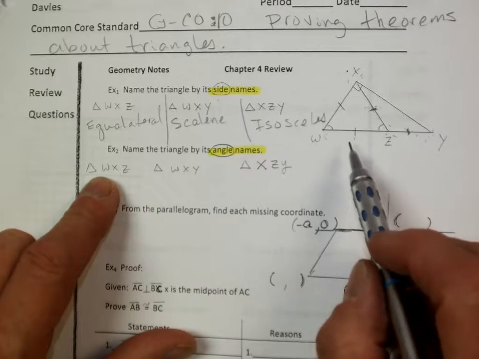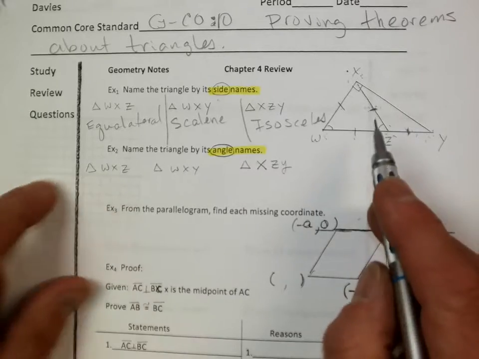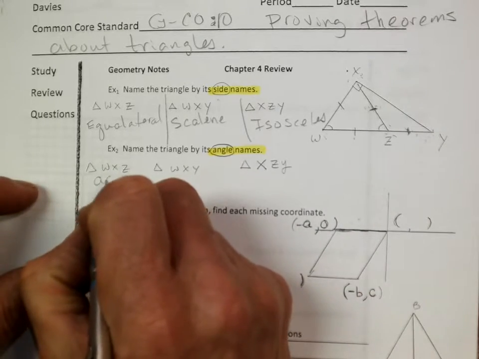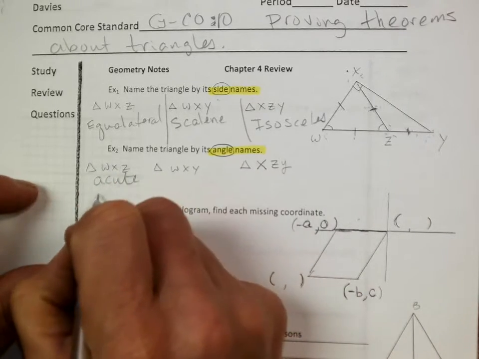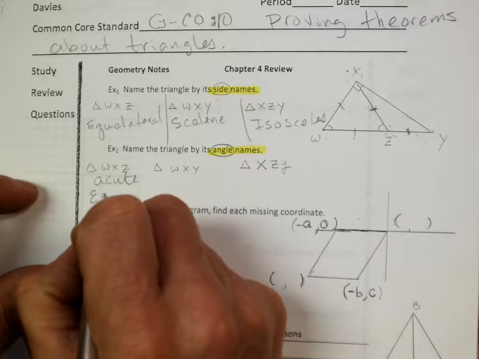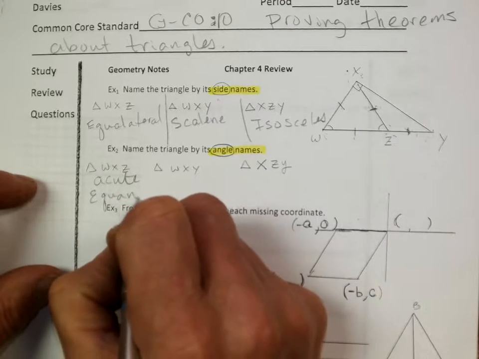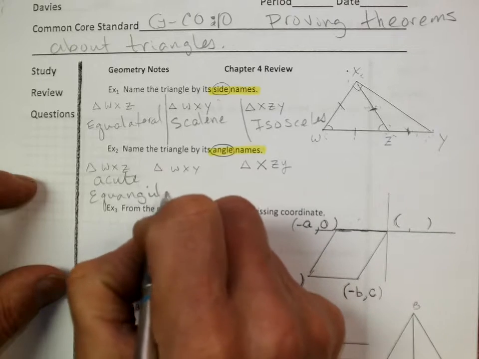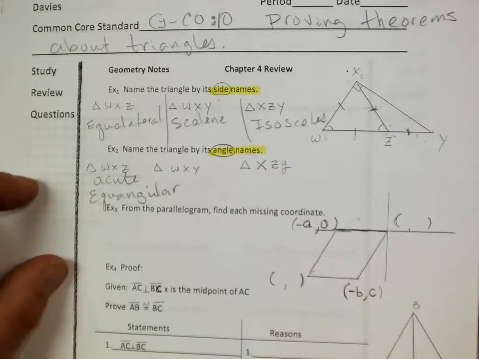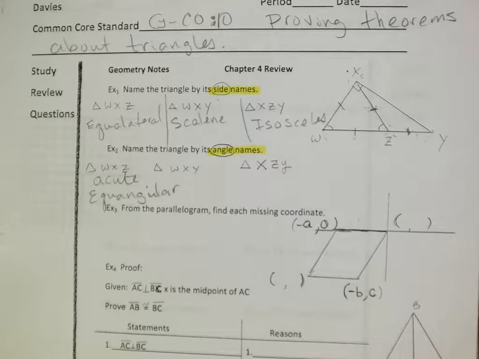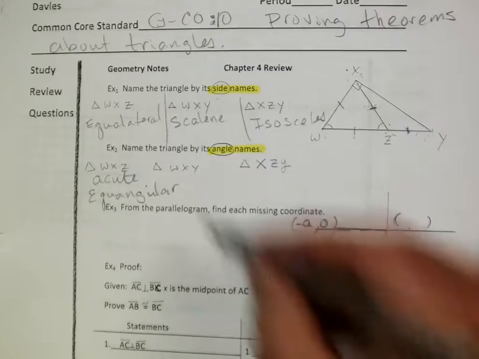There's two names, and we're going to use both. We're going to call it an acute equal angular. All three angles are equal, which makes it equal angular. All three angles are less than 90, so it's 60, 60, 60. So it's an acute equal angular.